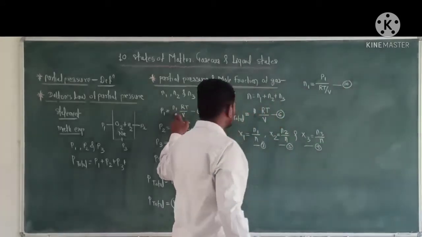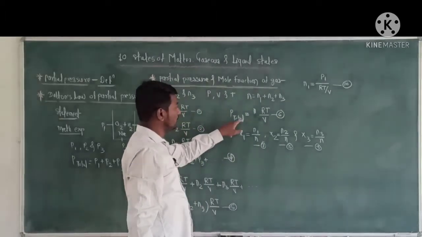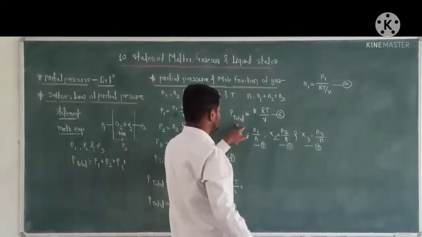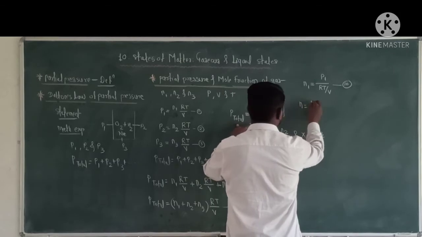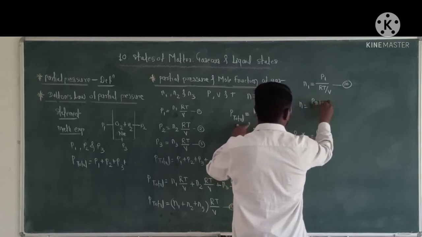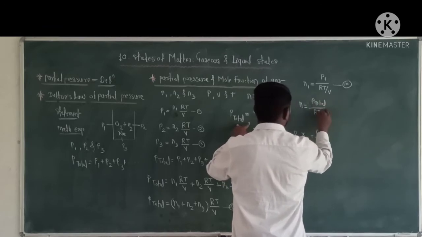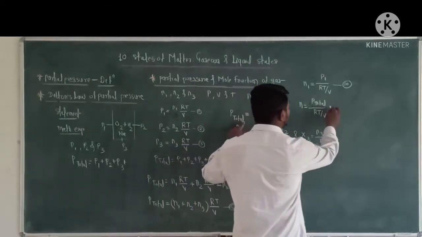Similarly, rearrange equation number 6, we get the value of n, that is n is equal to P total divided by RT upon V. This is equation number 11.